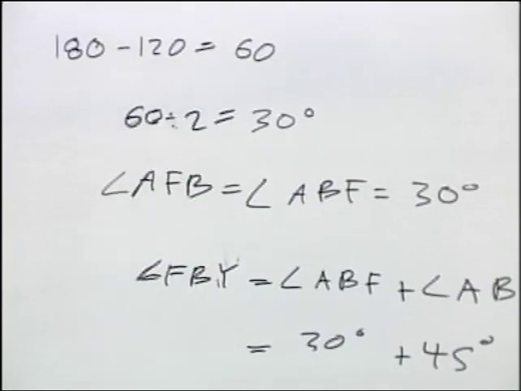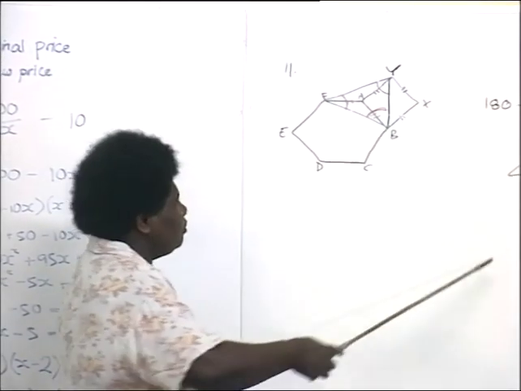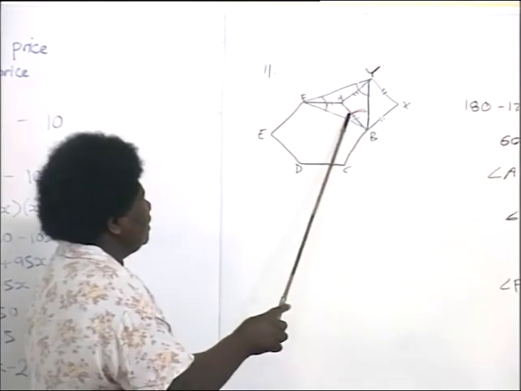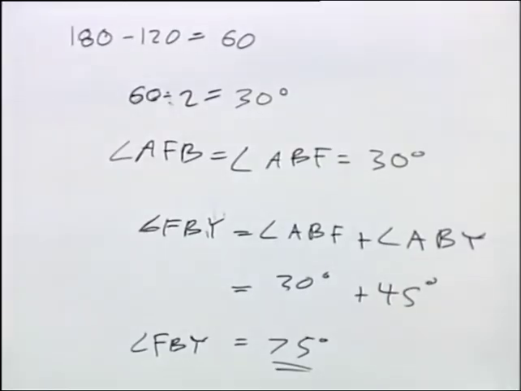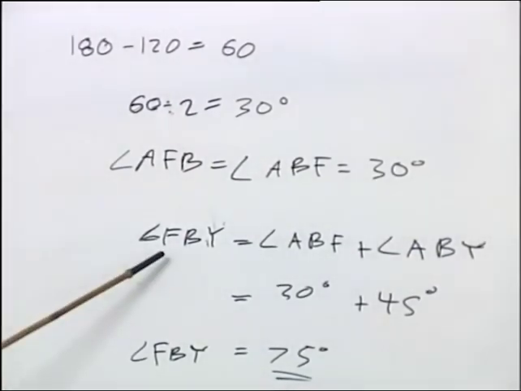So AFB, he says AFB, where is it? AFB is equal to ABF, and it's equal to 30 degrees. So this is 30 and this is 30. Now we have to find, which one is this one? FBY.